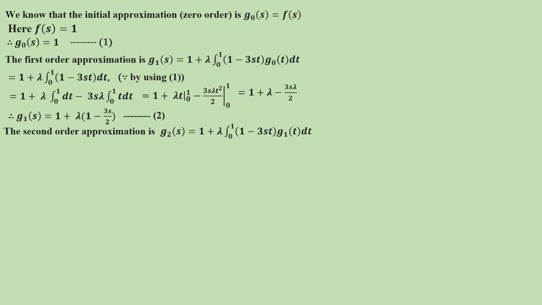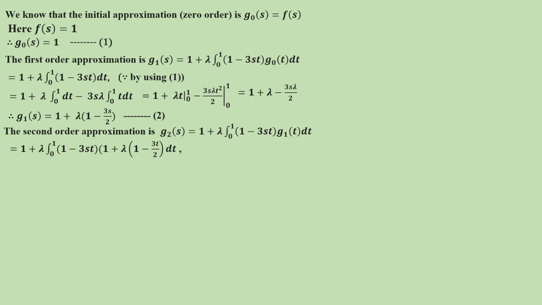The second order approximation. Next, g2 of s is equal to 1 plus lambda integral 0 to 1 of minus 3 st. We have to use g1 of t, because we are finding g2 of s. That is the iteration method, successive approximation, g1 of t dt.